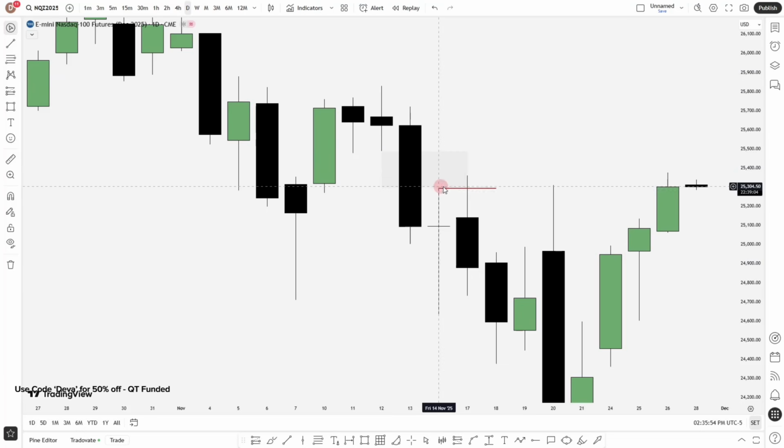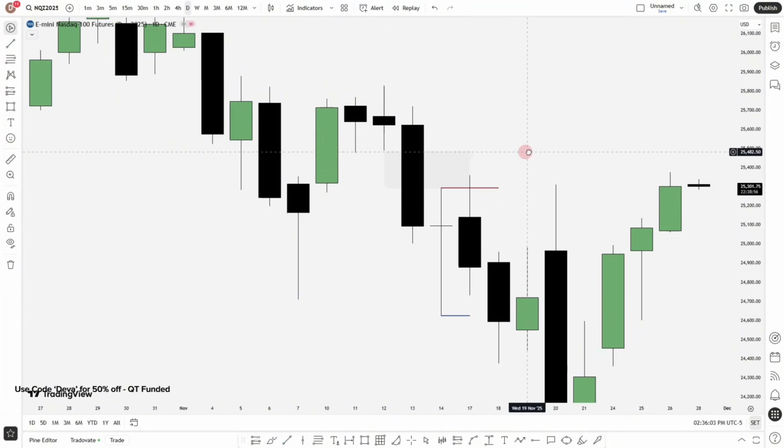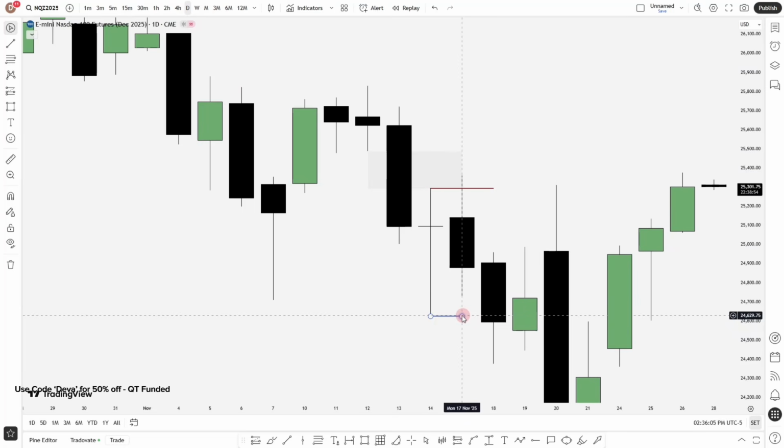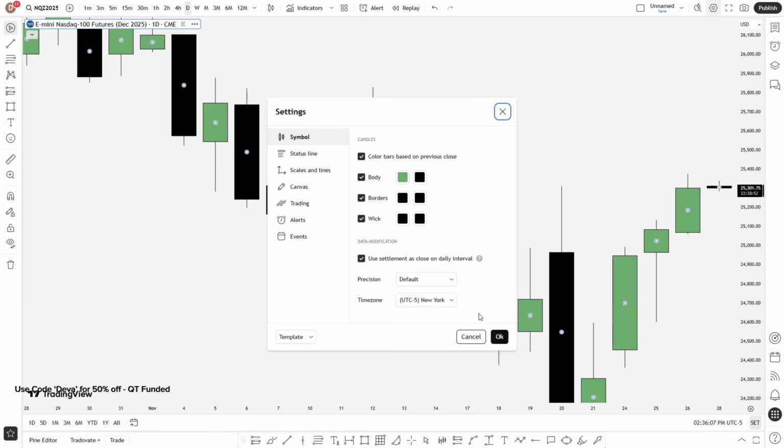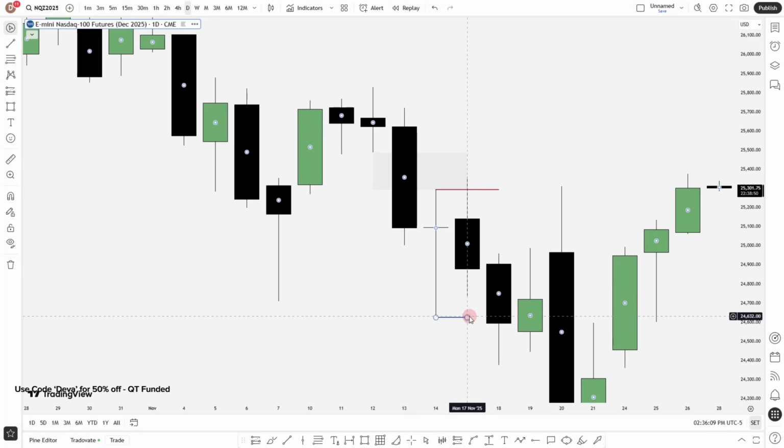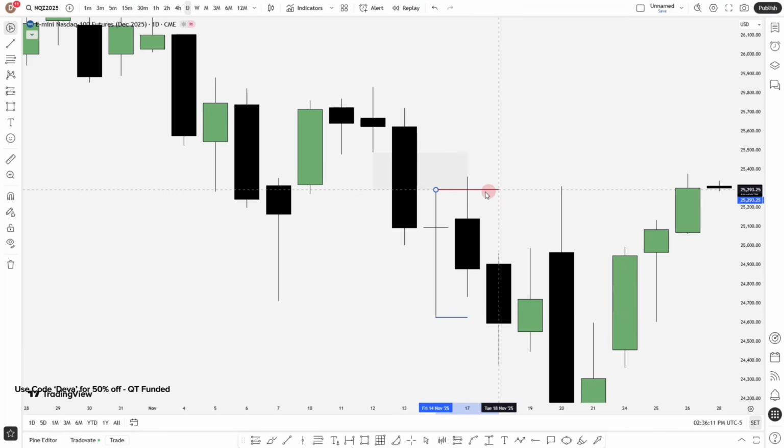Everyone knows that internal range liquidity to the external range liquidity. Okay, you don't need to complicate anything. Credits go to MMXM for revealing this concept with ease.